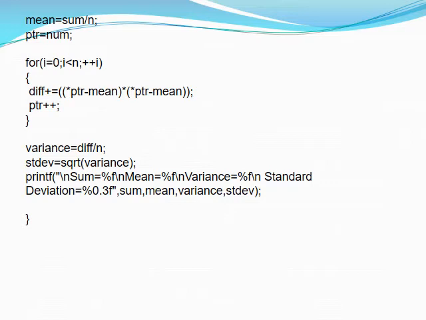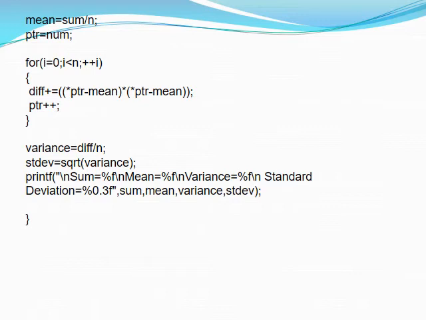Now we are finding the difference. So using a for loop, for i = 0, i < n, i++, we are finding the difference. So difference = difference + (*ptr - mean) * (*ptr - mean), where *ptr is as good as num[i]. So we are taking the first element and finding the difference.